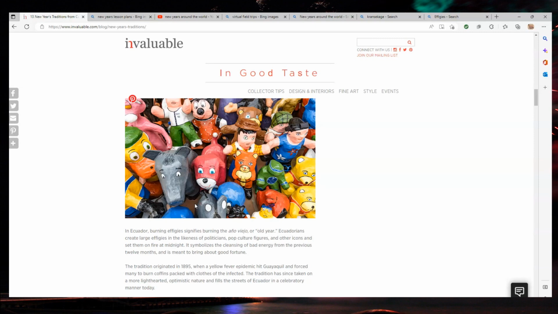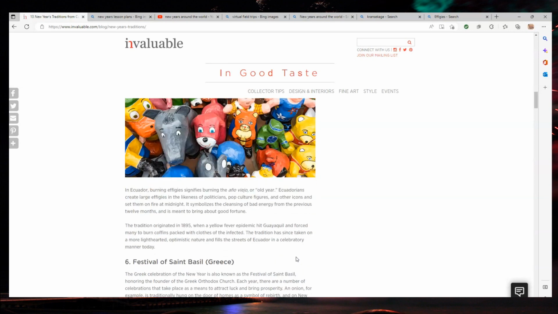Ecuadorians create large effigies in the likeness of politicians, pop culture figures, and other icons, and set them on fire at midnight. It symbolizes the cleansing of bad energy from the previous 12 months and is meant to bring good fortune.